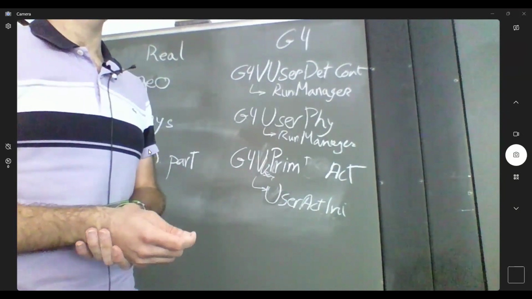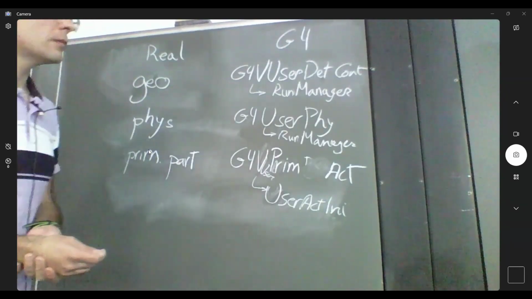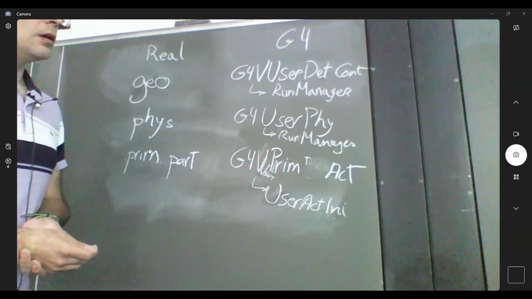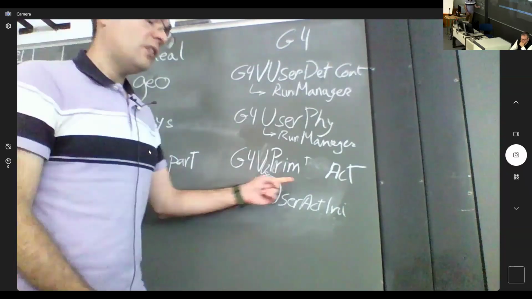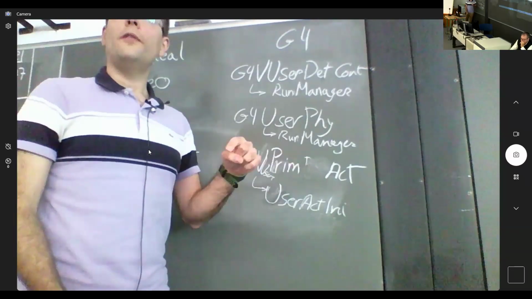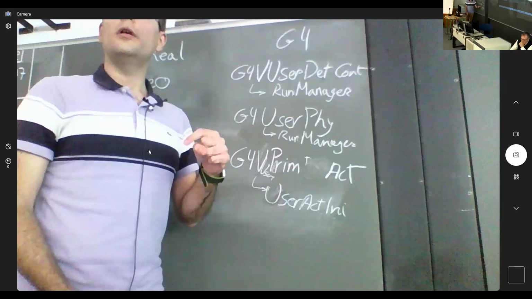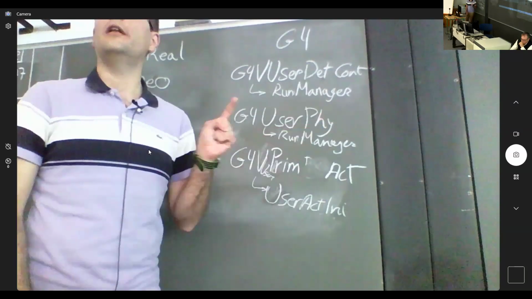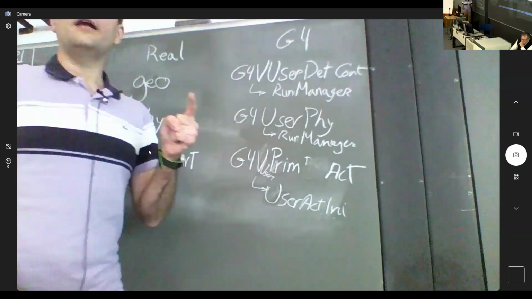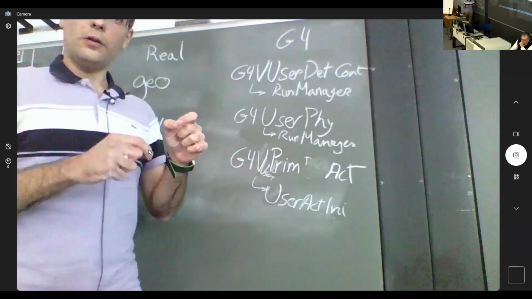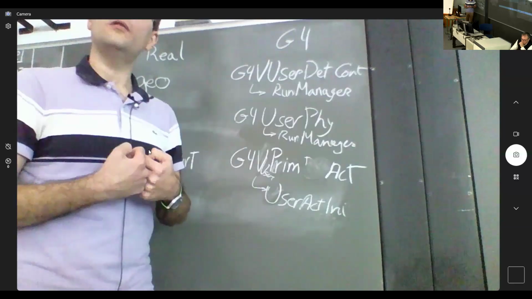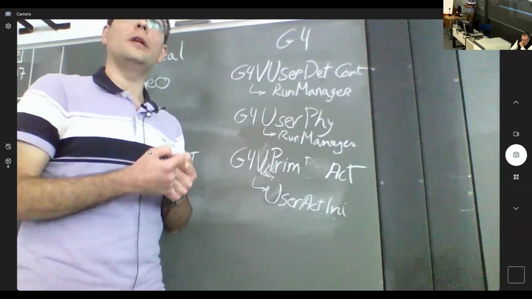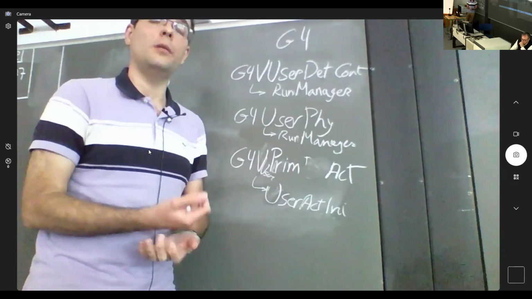Would you please give an example of primary user actions? So this is the base class from which we will have to derive our own. This base class has a virtual method called generate primaries, if I remember correctly. In our implementation of this virtual method is how we will tell Geant4 how to generate primary particles.